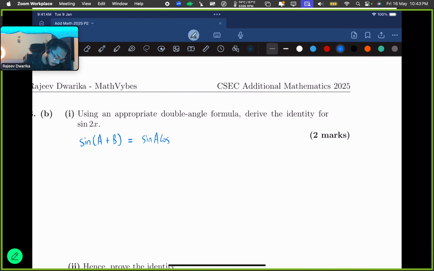Now, I need all of you to realize that multiplication is commutative, right? Imagine you have 5 by 4. Isn't 5 by 4 the same thing as 4 by 5? Yep. So I have sine x by cos x, I'm going to leave that as is. And over here now I have cos x by sine x, and I could write sine x by cos x.